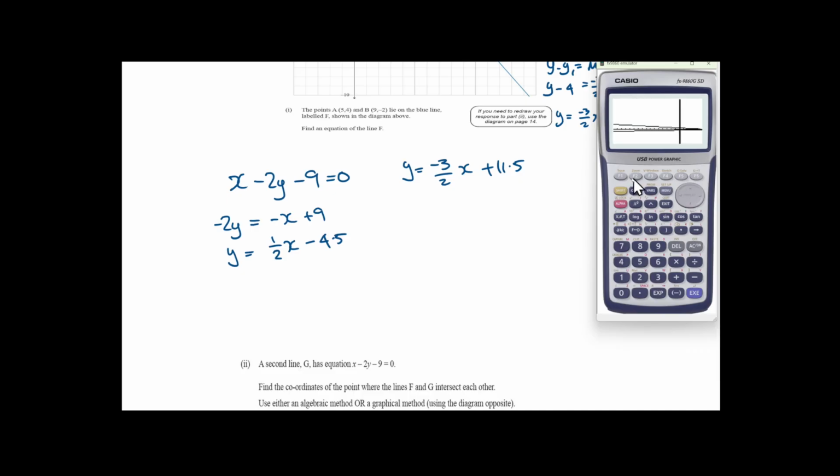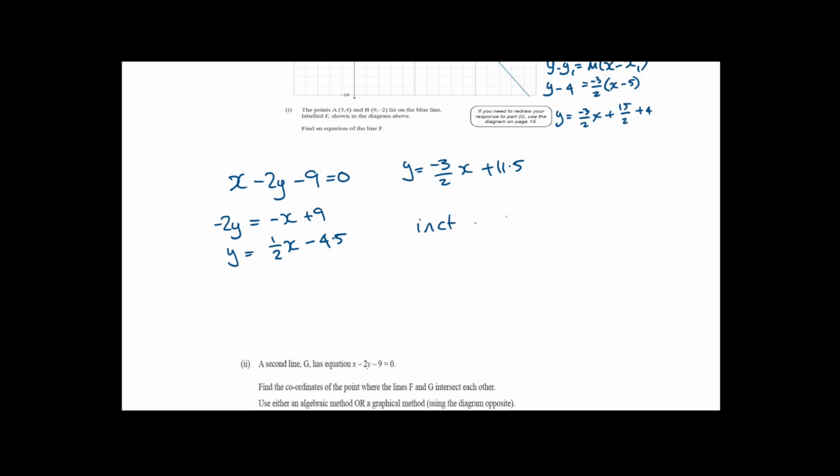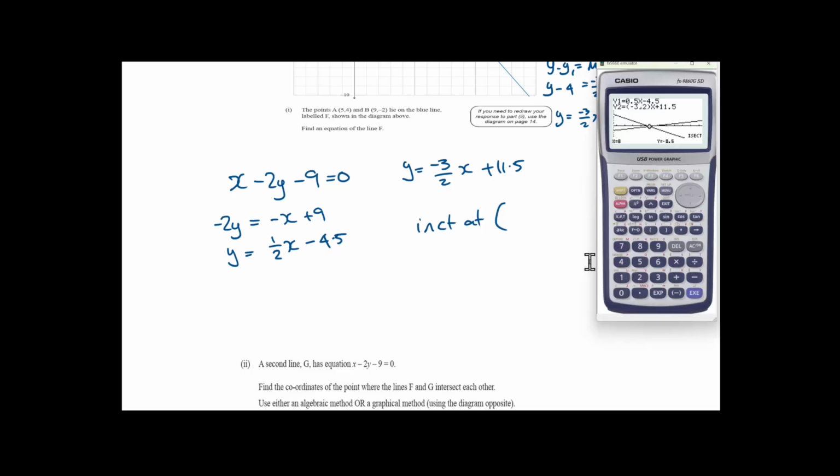Draw both of them. Zoom in a little bit. Okay, and now we want to find where they intersect. So I'm going to go to gsolve, and they cut at 8 and -0.5.